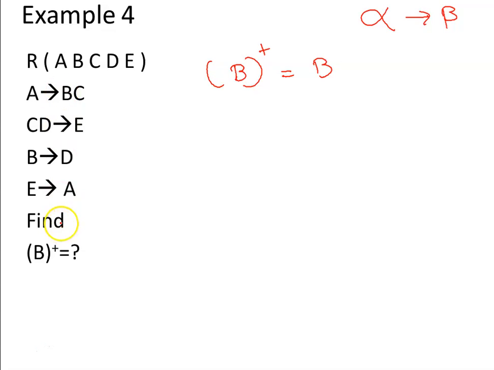Does B occur anywhere in the set of FDs? Yes, B determines D, so we have B, D. Anywhere else? No. So the closure on B is B, D.